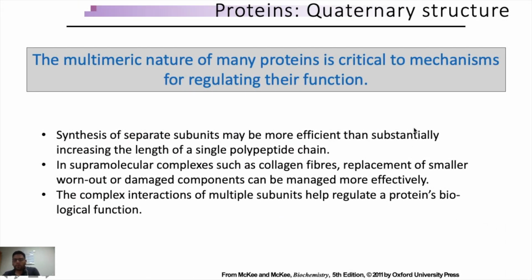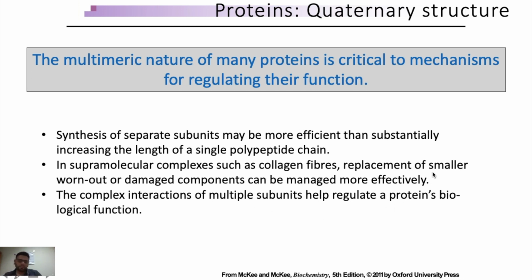The multimeric nature of many proteins is crucial for the mechanism by which they perform, because they are required to regulate their function. The primary reason for these multimeric assemblies is that synthesis of separate subunits of the proteins is more efficient than synthesizing a substantial long polypeptide chain.